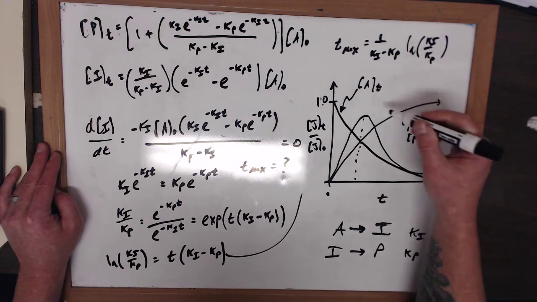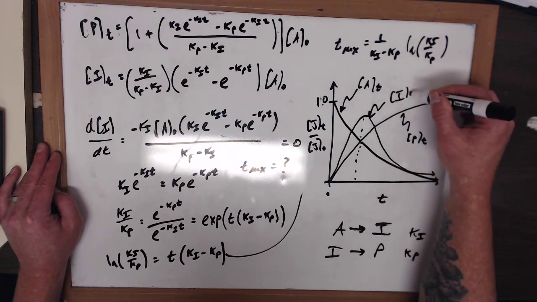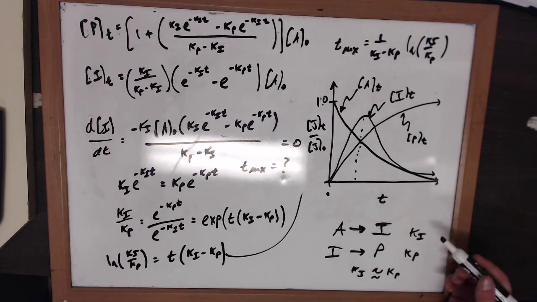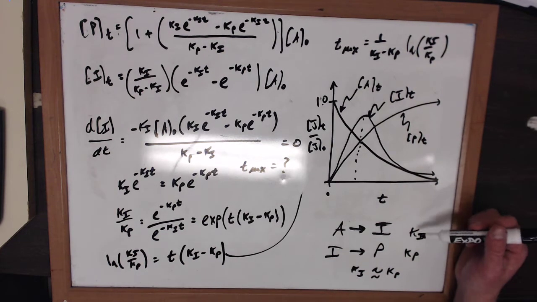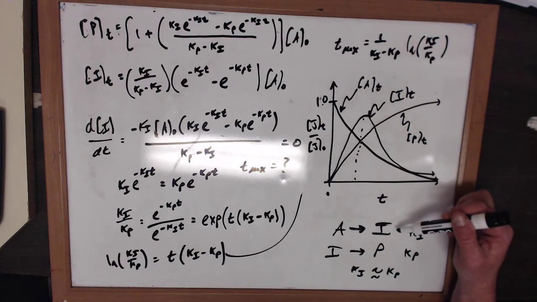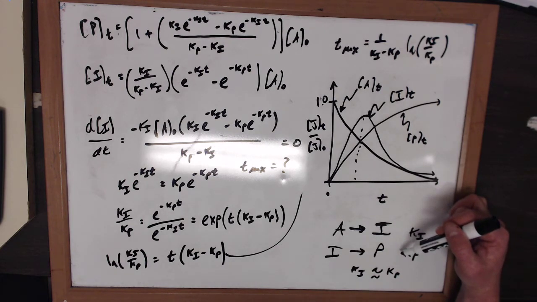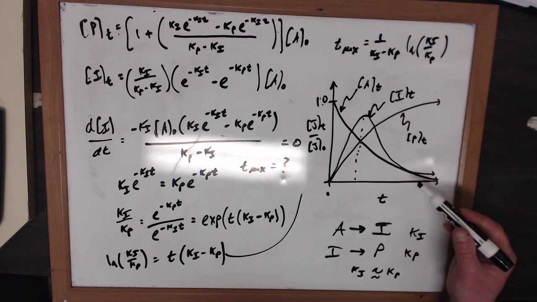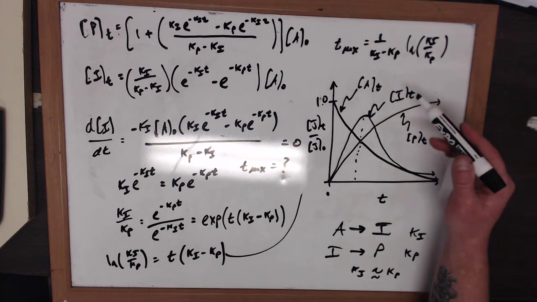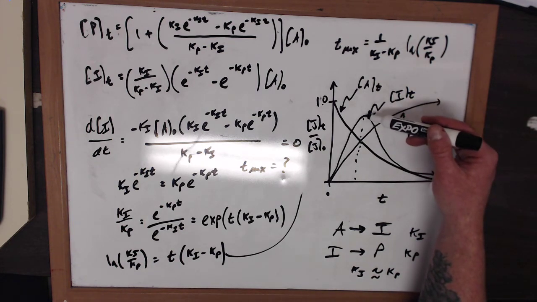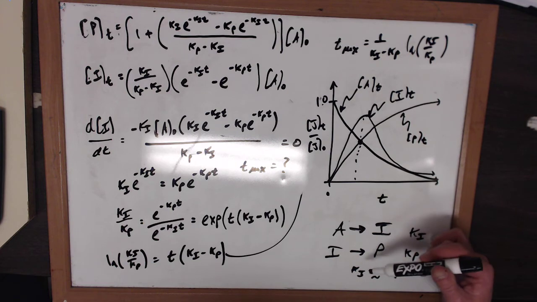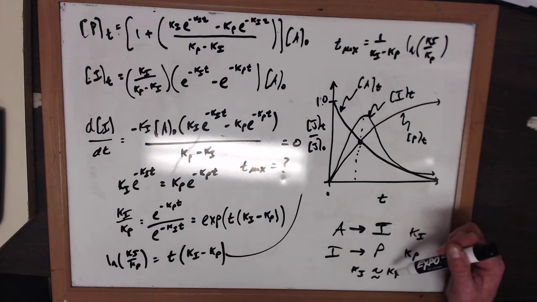And as we'll see soon, this is a case in which both Ki and Kp are very similar to each other. We noted from this maximum time that it doesn't have to follow that the first step is the slow step. This second step could, in fact, be the slow step, and we would still see an expression that looks rather similar. The only limit is to observe this concentration profile where I is maxing out at roughly where A and P are equal. Then we note that Ki and Kp are similar in magnitude.